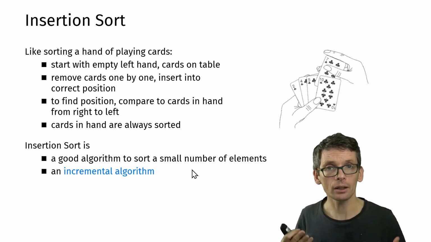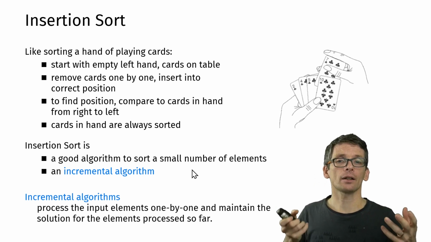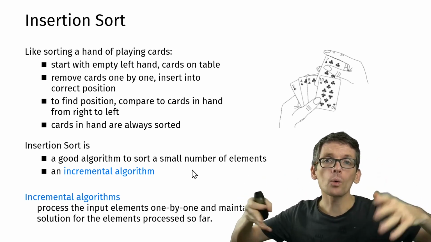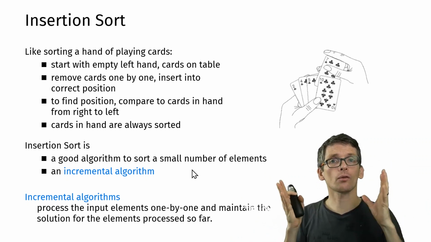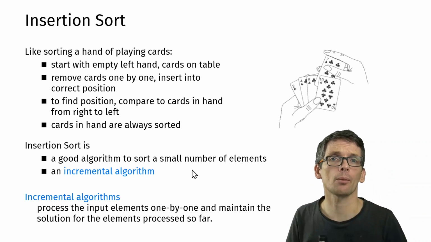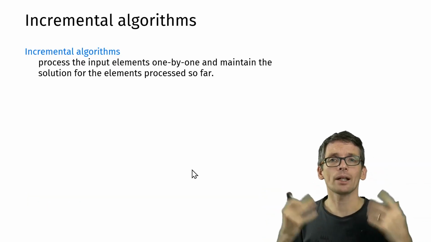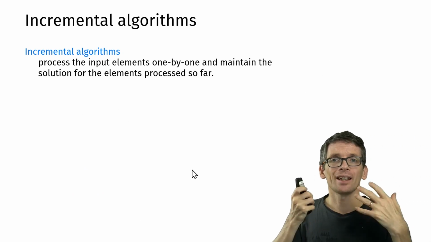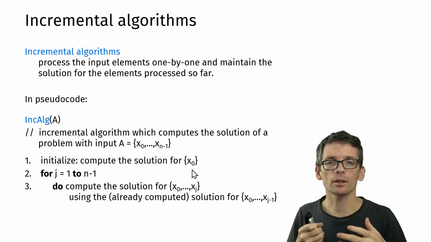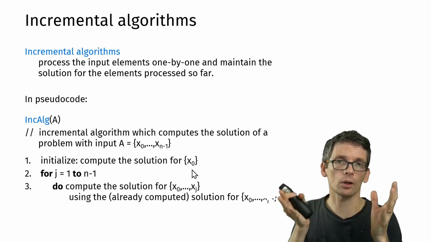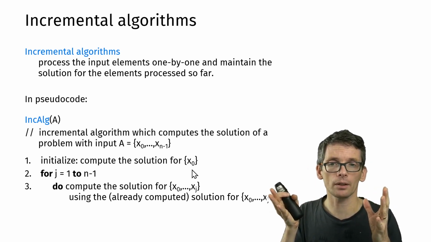It is an incremental algorithm, meaning that I process the input elements one by one, always maintaining the solution of whatever I've seen so far. So generally speaking, before talking specifically about insertion sort, an incremental algorithm processes the elements one by one. In pseudocode, this could look like this. I first initialize the algorithm with some kind of solution on, let's say, one element.